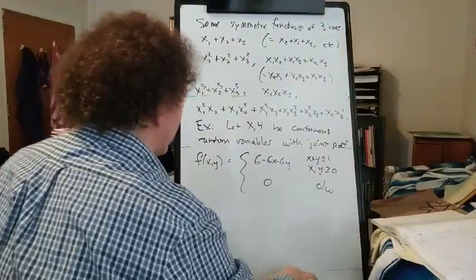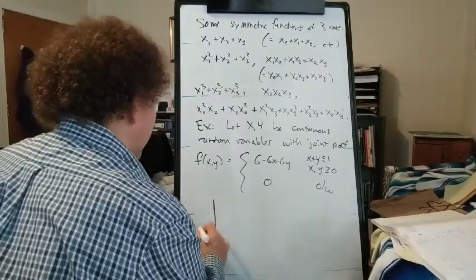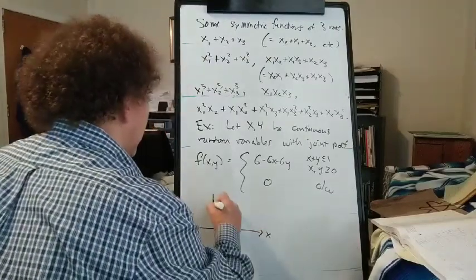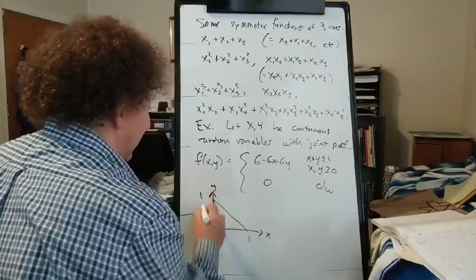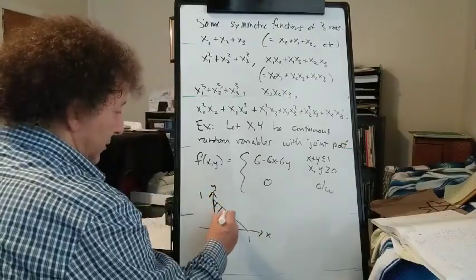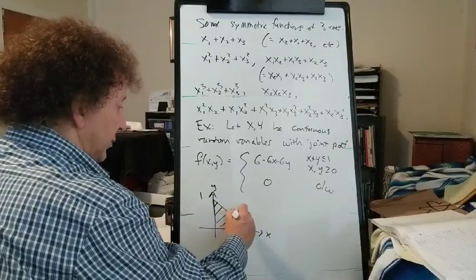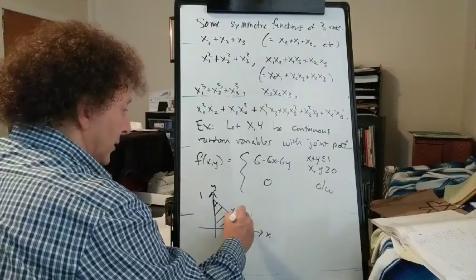So this is defined over the region in the xy plane, that's this triangle. This is the line x plus y equals 1.